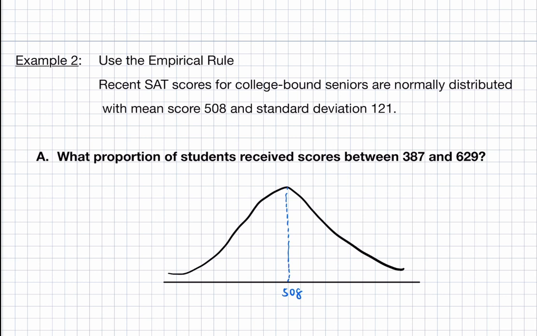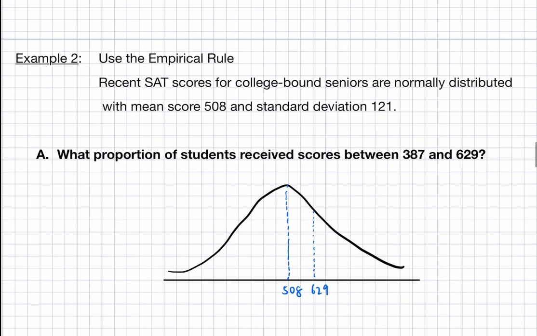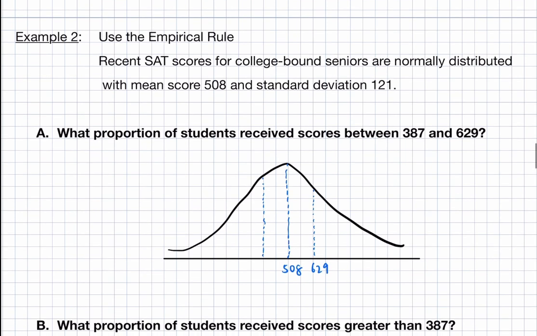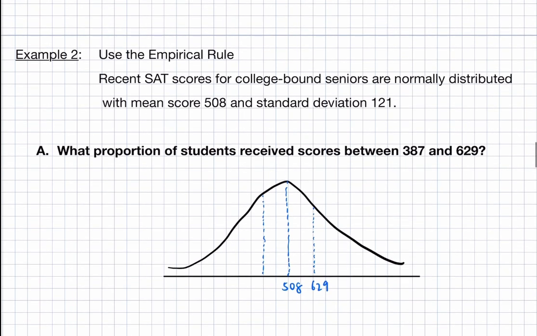Okay, so if we went out to 1 standard deviation, 121 plus 508 would be 629. And if we went out 1 standard deviation to the left of 121, we subtract 121 from 508, this would give us 387.